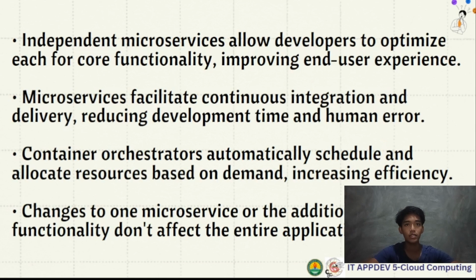The next one is changes to one microservice or the addition of new functionality don't affect the entire application's availability. Updates to a single microservice or the introduction of new features do not impact the overall availability of the entire application, thanks to the isolated nature of microservice architecture.